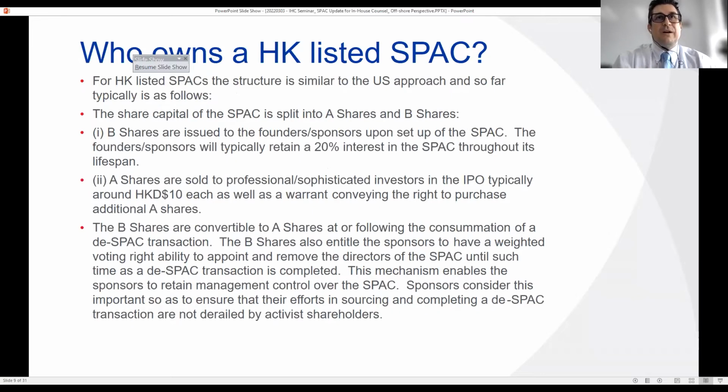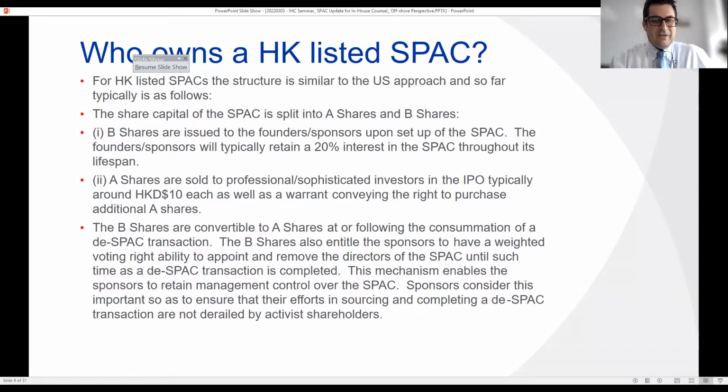In terms of a Hong Kong listed SPAC, it's a little bit similar to the US in the sense that there is an A and a B share class capital structure. Again, the Bs are held by the sponsors and the As are the shares that are acquired by the professional investors.